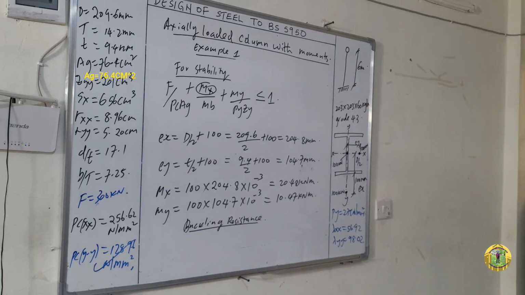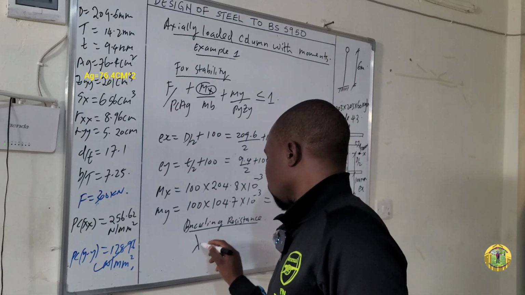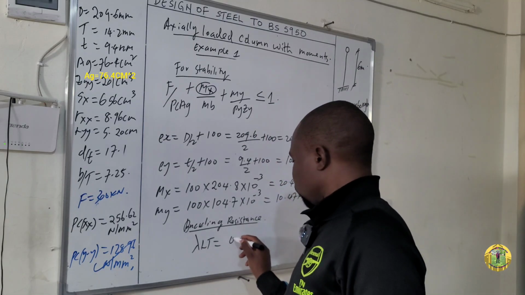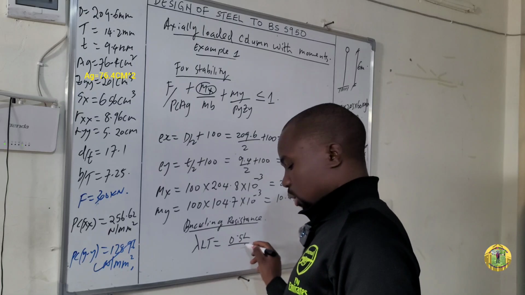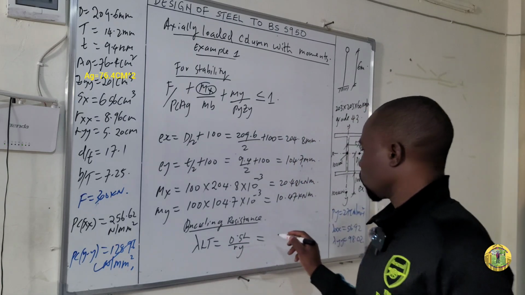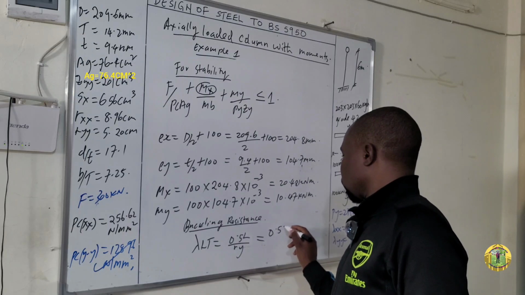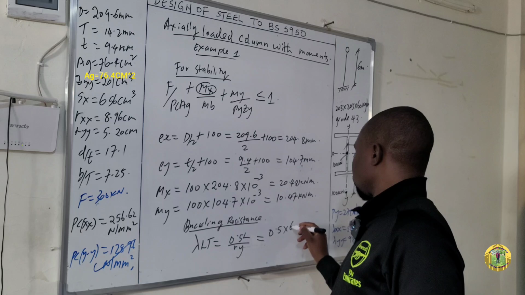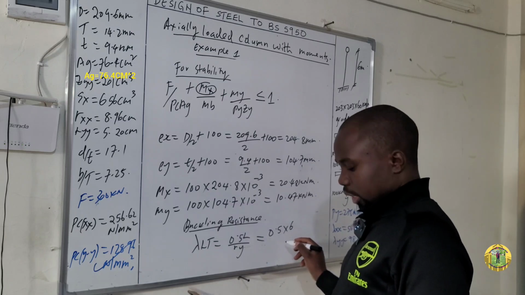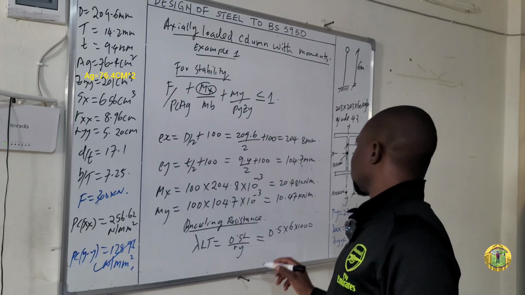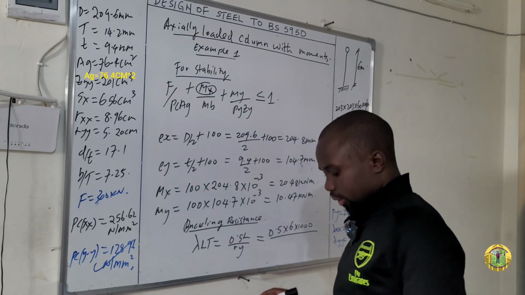So the buckling resistance. We now proceed to buckling. Buckling resistance is given by 0.5 L over Ry. So this one is equal to 0.5 times L. L is 6 meters times 1,000, we make it millimeter, over Ry.